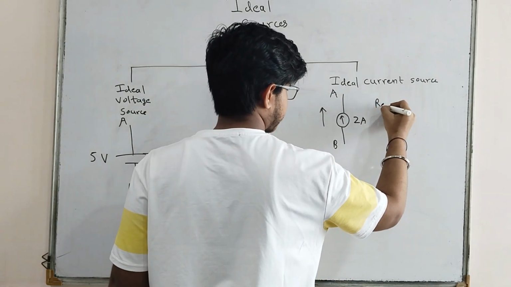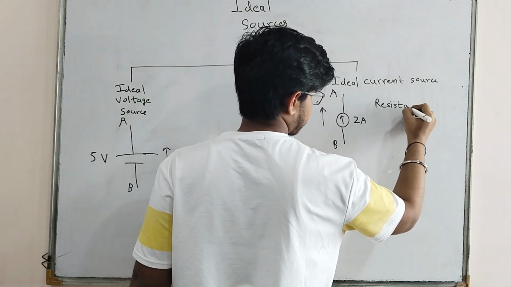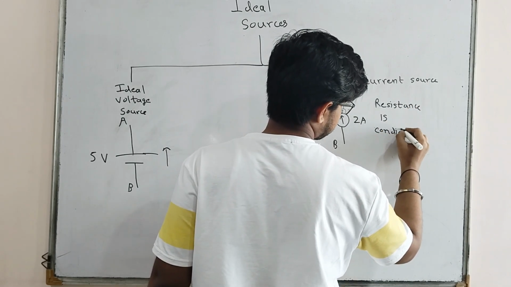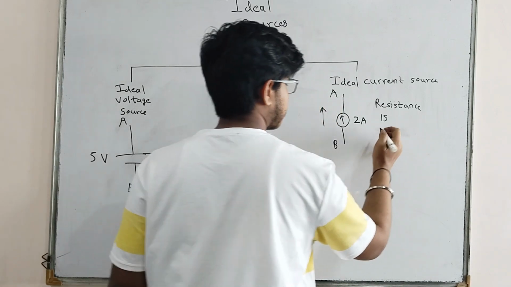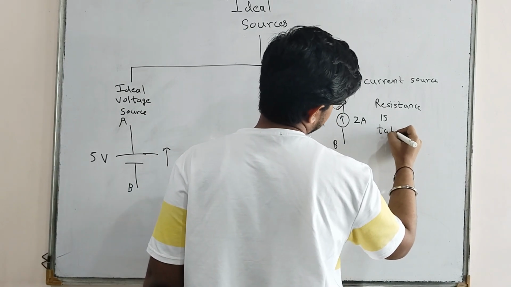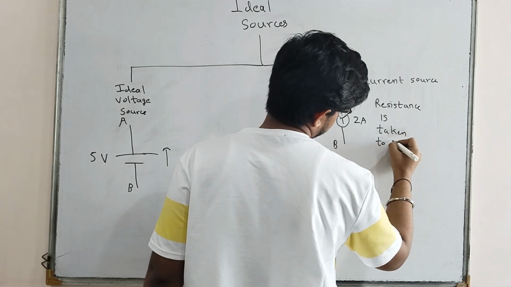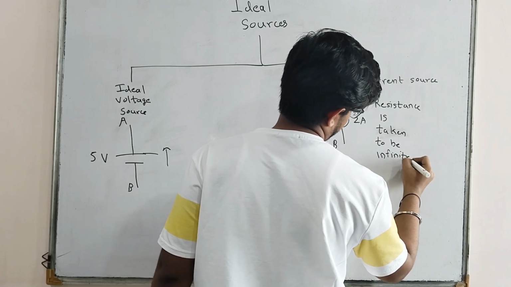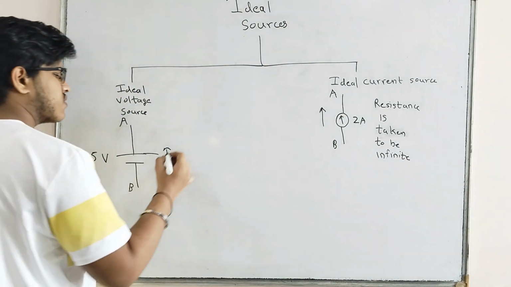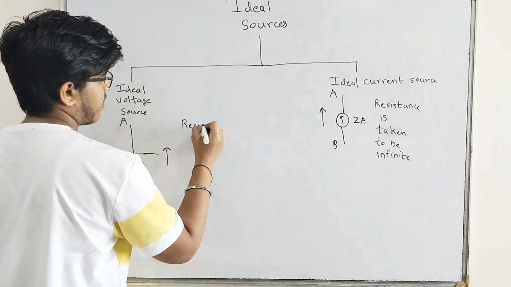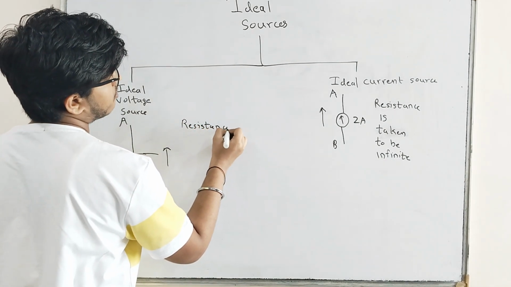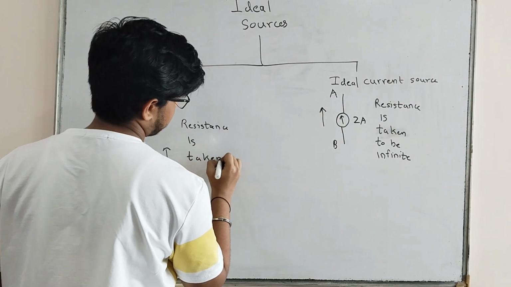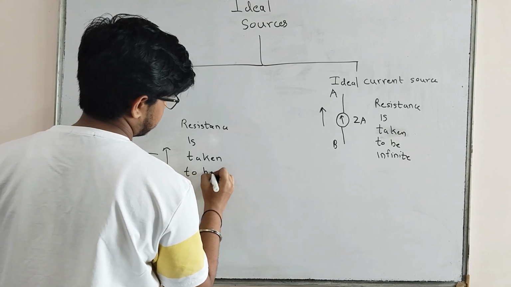The resistance is considered to be infinite, and for ideal voltage source, the resistance is taken to be 0.